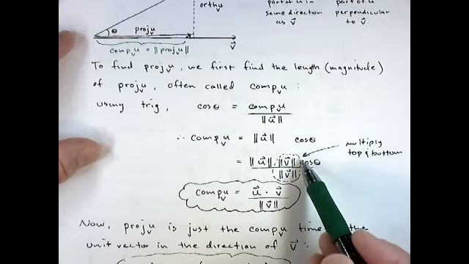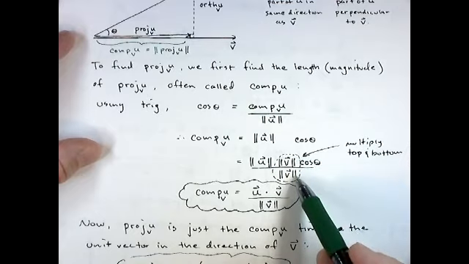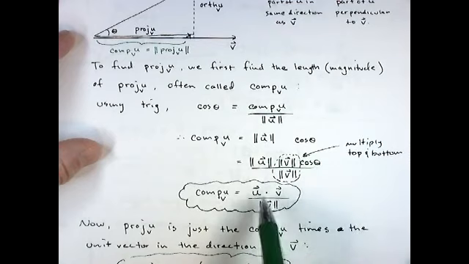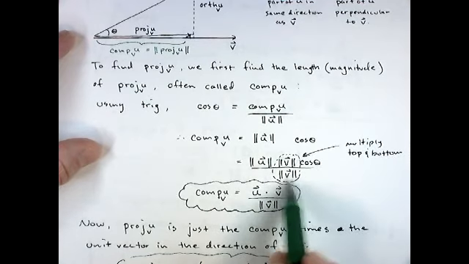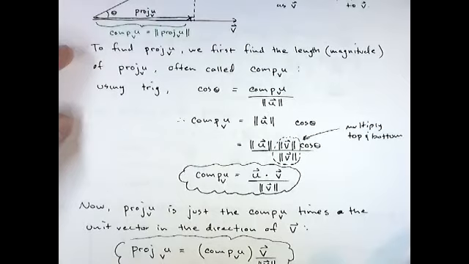So if I multiply top and bottom by the magnitude of v, which is just like multiplying by 1, then the numerator turns into, by definition, u dotted with v, and we still have the magnitude of v on the bottom. That's your formula for the component of u onto v.